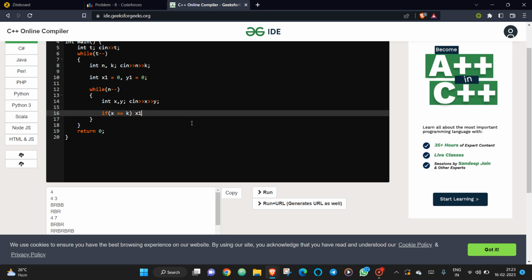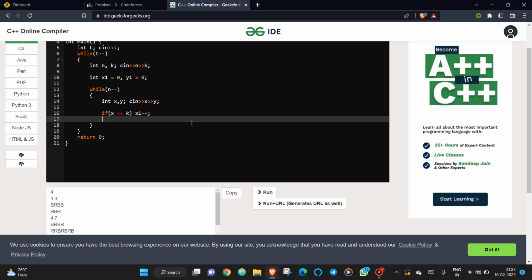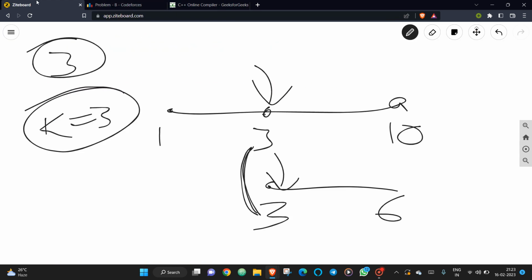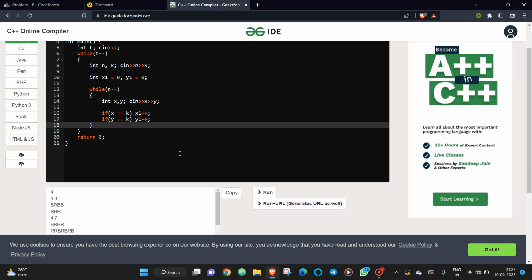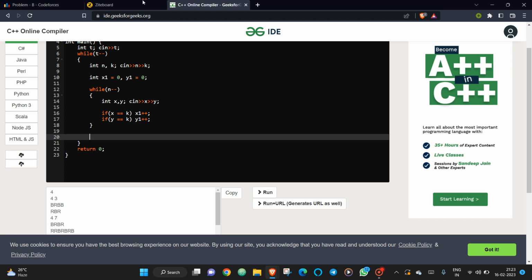Then you just increment your x1. What it indicates is that it is acting as an endpoint of some x coordinate. Then similarly, you check for y. If your y is equal to k, then you simply increment your y1. What is that indicating? If I consider the 1 to 3 range, then it is acting as a y coordinate.